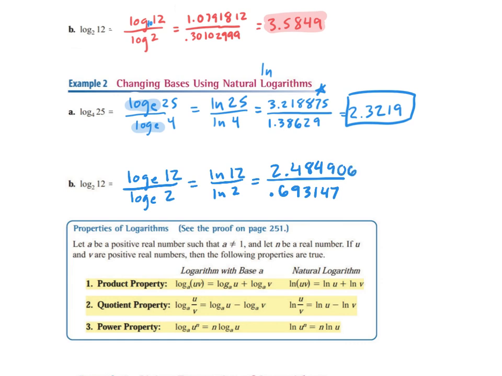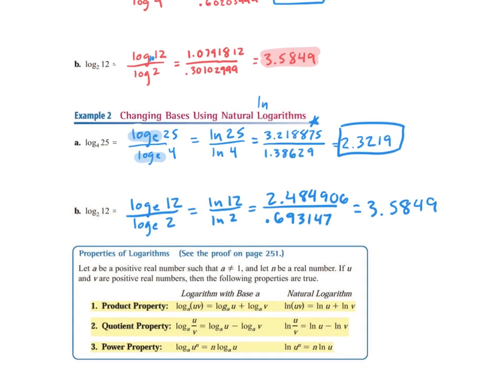Then we divide the two of those. So we get 3.5849. And again, it's the same exact thing we got up there.